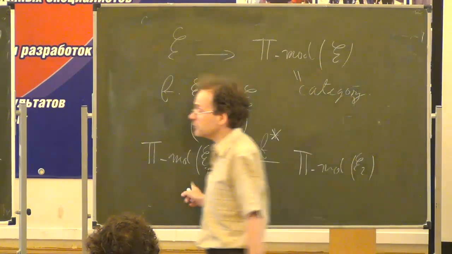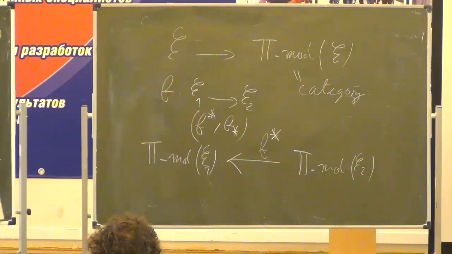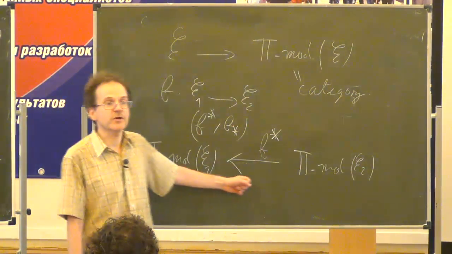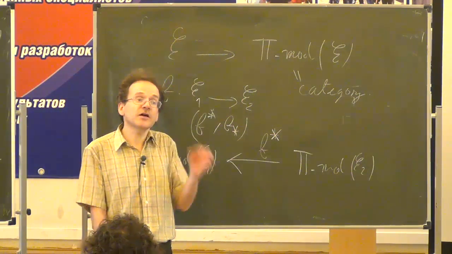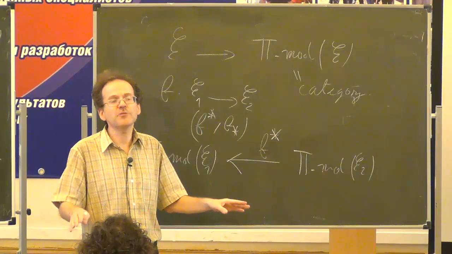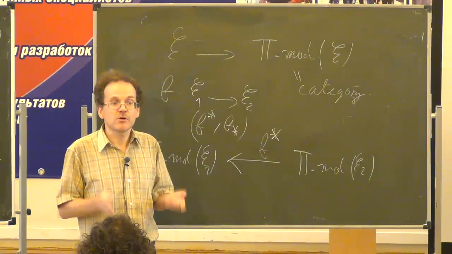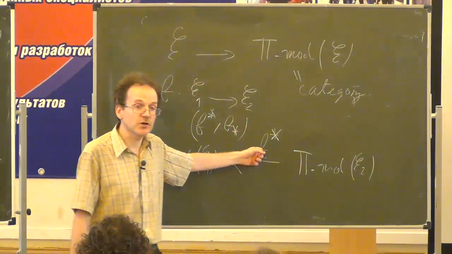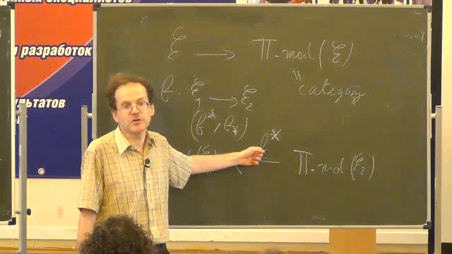But of course, this property will not be verified by all types of theories. And at this point, we have to drop higher order logic. Why? This is because this functor is not compatible with exponentials.